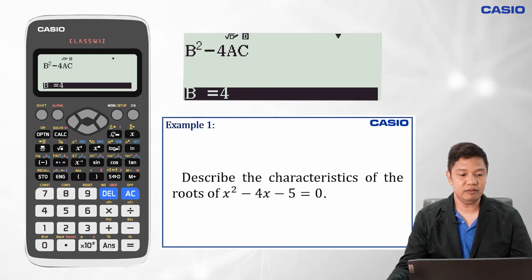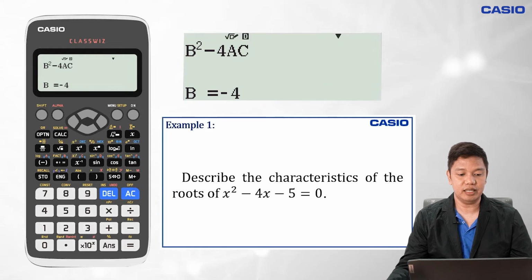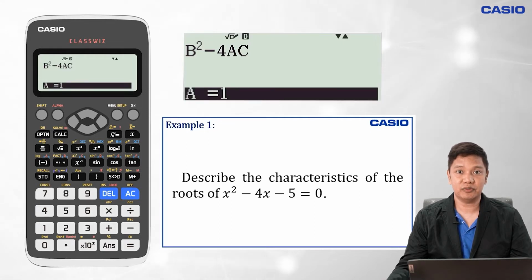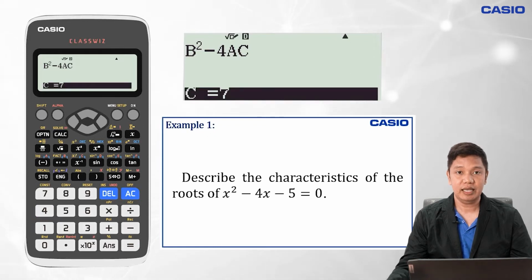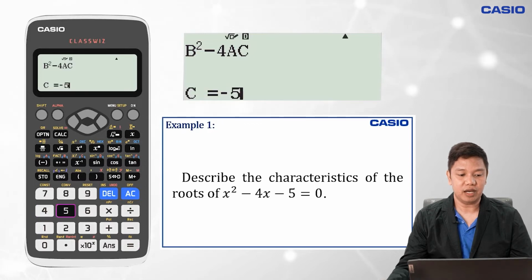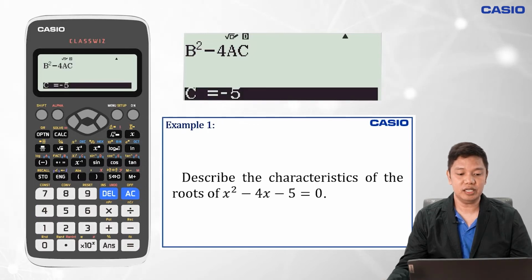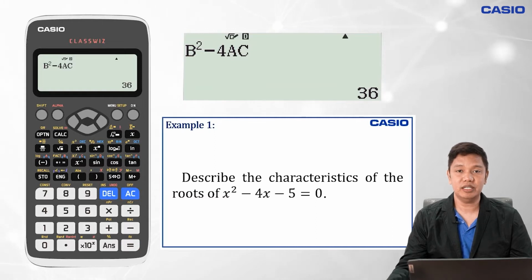Since our b is -4, we press -4 and then equals, and then we are asked for the value of a, which is 1, and then press equals, and then the value for c is -5, so we press -5 and then equals, and then pressing equals again, we have the value for the discriminant equal to 36. Since the discriminant is positive and is a perfect square number, then we can say that the roots are real, rational, and unequal.